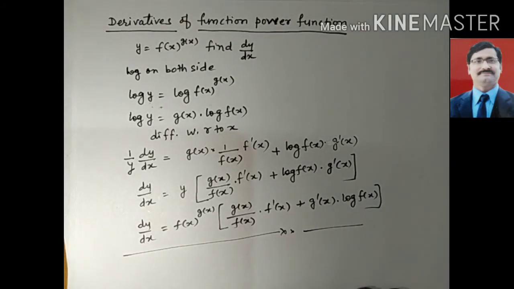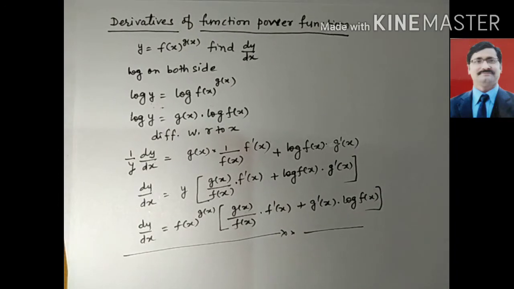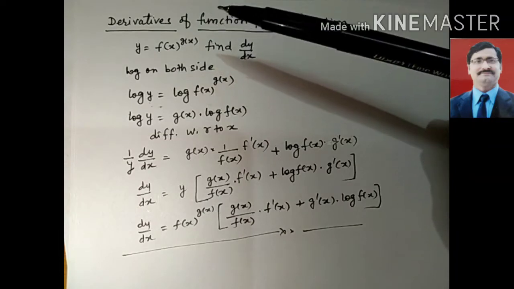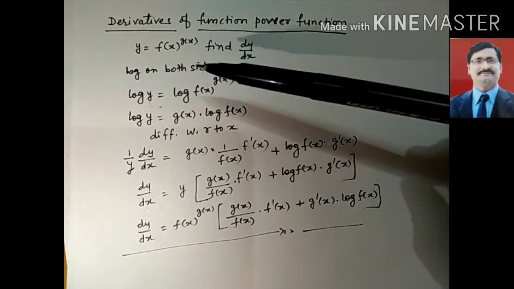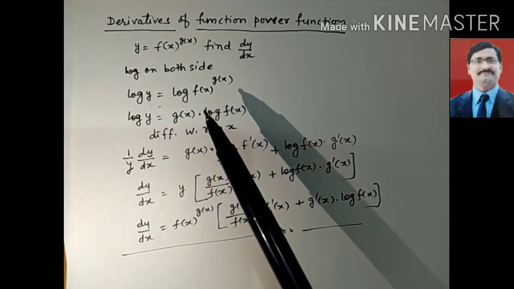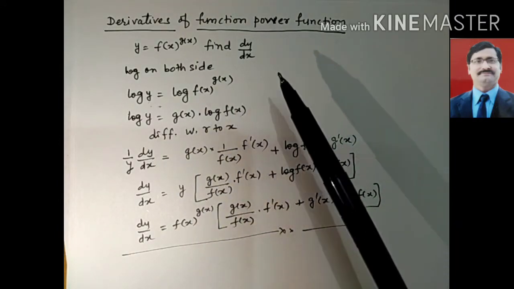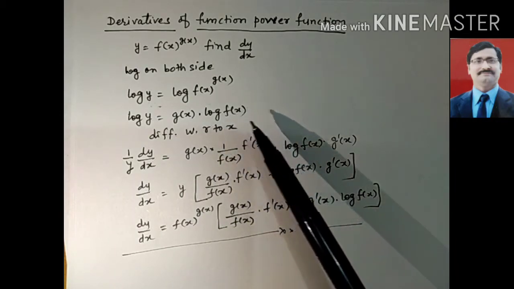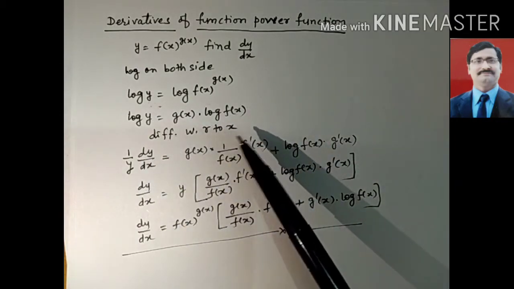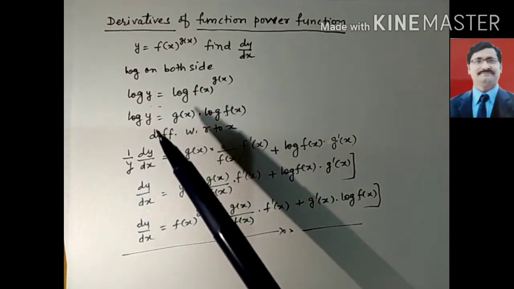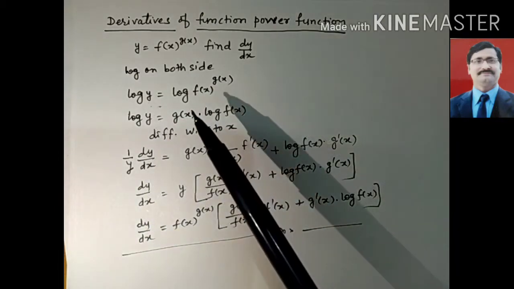This is very simple. Here y equal to f(x) power g(x) is given to you. You will take log on both sides. So log y we will get log f(x) power g(x). Now log y equal to g(x) into log f(x). Now differentiate with respect to x: log differential is 1 upon y, and y differential is dy by dx.